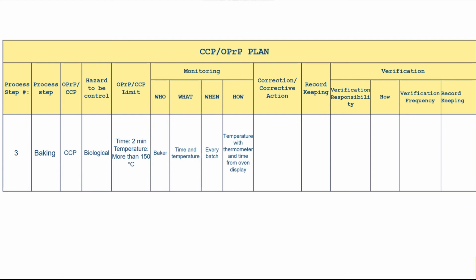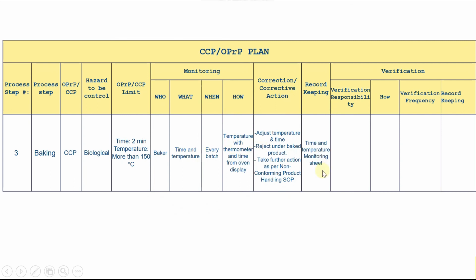First we will adjust the time and temperature, then reject the product if it is underbaked or burnt, and then take further action as per the non-conforming product handling procedure. After monitoring and corrective actions, what will be the record keeping? It's the time and temperature monitoring sheet.